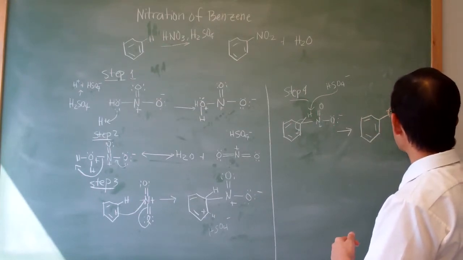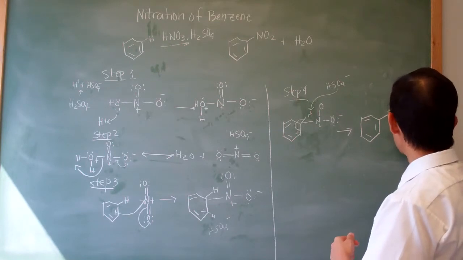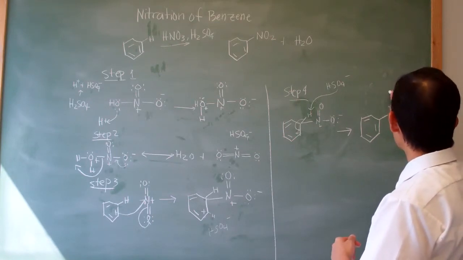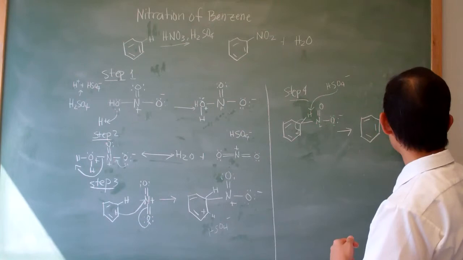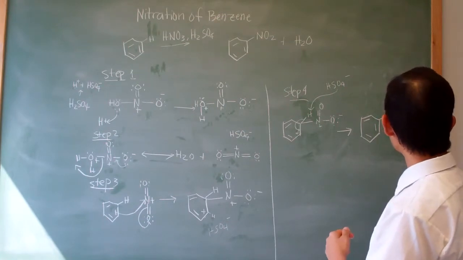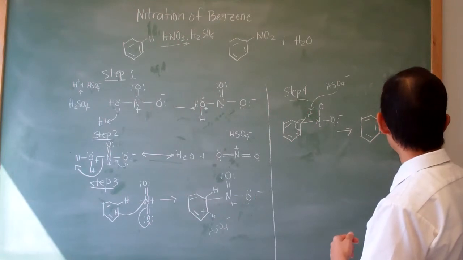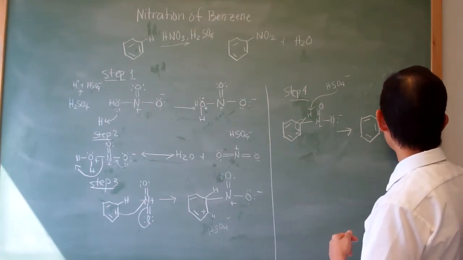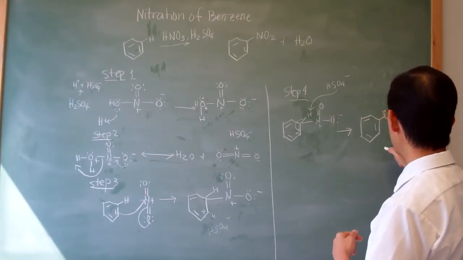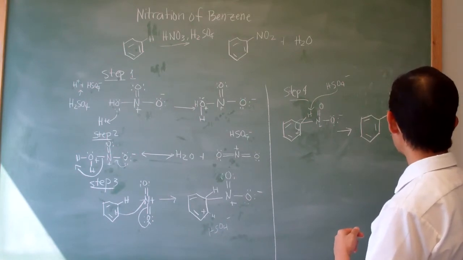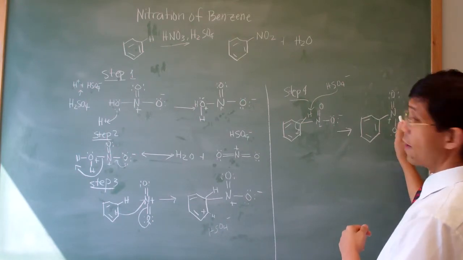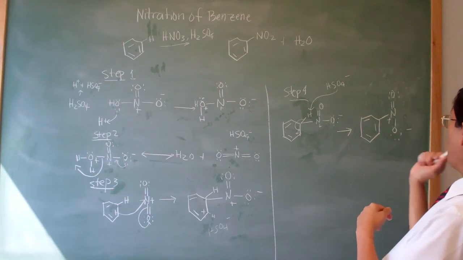And finally, you have your nitrated product. Yes, we have a plus charge at that nitrogen, we have a minus charge at that oxygen, so therefore we have a neutral molecule.